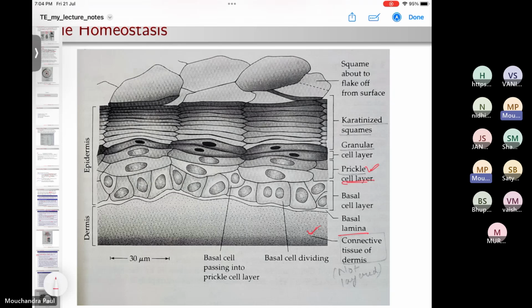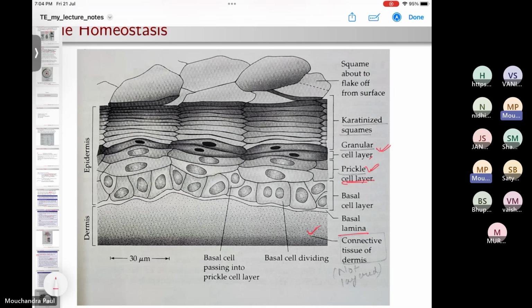Now the cells in the prickle cell layer move up and become granular cells, forming the granular cell layer. Then the cells at the top of the granular cell layer start dying and become extremely keratinized.